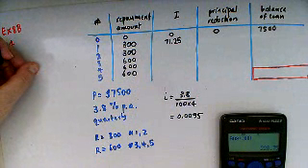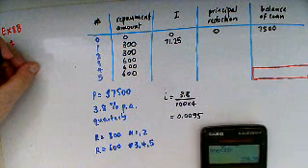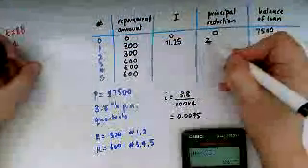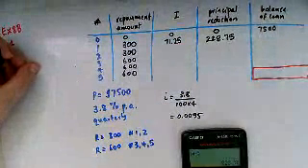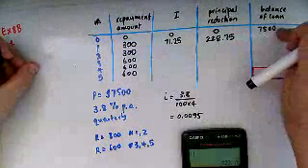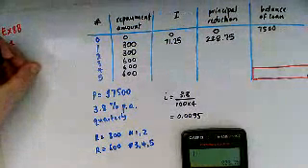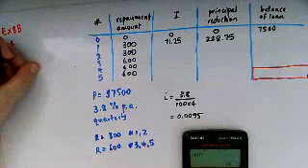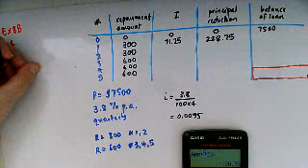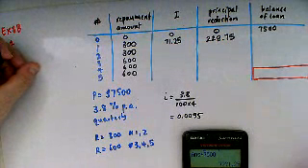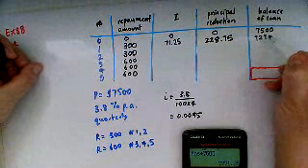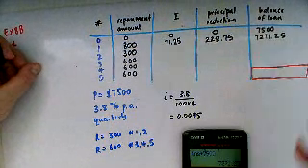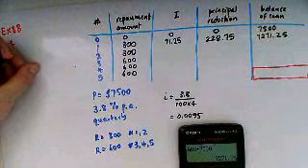So the principal reduction in this case is going to be 228.75. Therefore the balance of the loan is this taken away from the 7,500, which gives us 7,271.25.